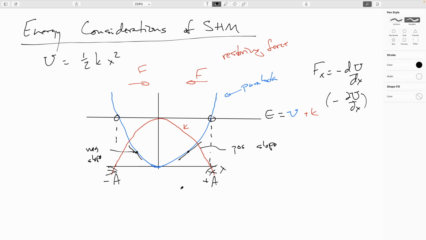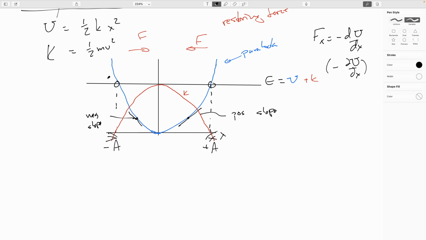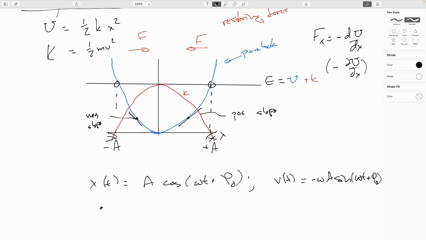All right, now can we start to think about what the potential energy would look like, and the kinetic energy for that matter, 1/2 mv squared, as a function of time? Well, sure we can. If we remember, we said that the position as a function of time is equal to A cosine of omega t plus phi naught, and the velocity as a function of time will be minus omega A sine of omega t plus phi naught.